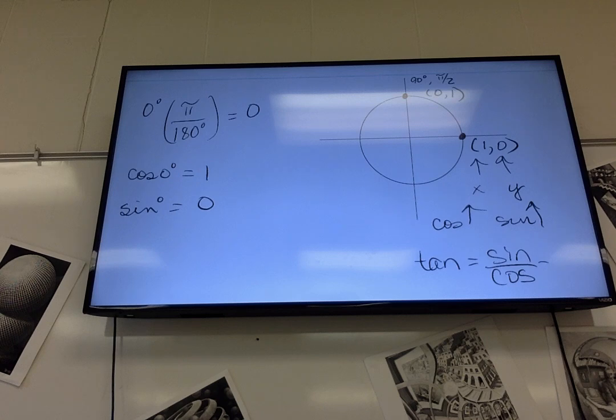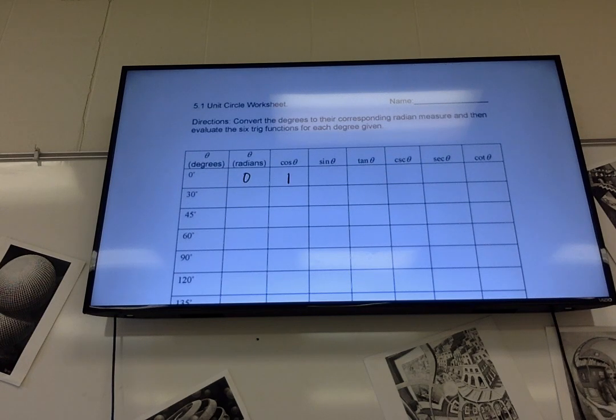So if you remember that, that would be y over x. So tangent would be 0 over 1. So that's just 0. Put those in. So I have 1, 0, 0.